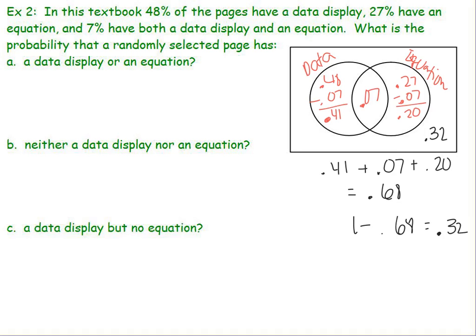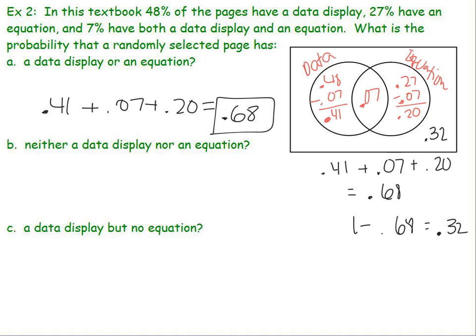So now, let's answer our questions. The first question was, what's the probability that it has a data display or an equation? So data display only 0.41, both 0.07, equation only 0.20, which we've already added up and we knew that was 0.68. Next, what's the probability that the page has neither a data display nor an equation?